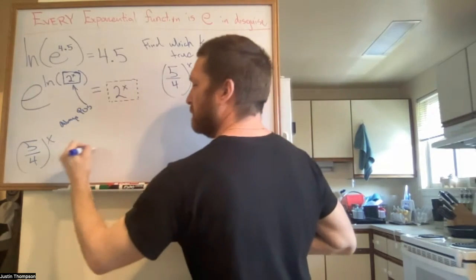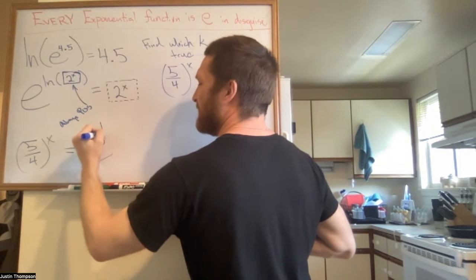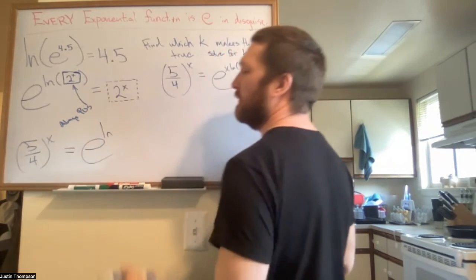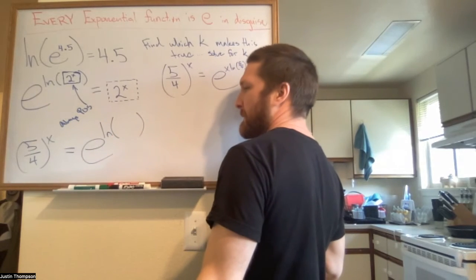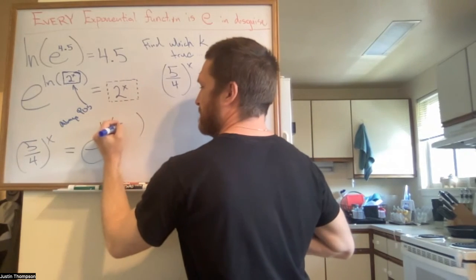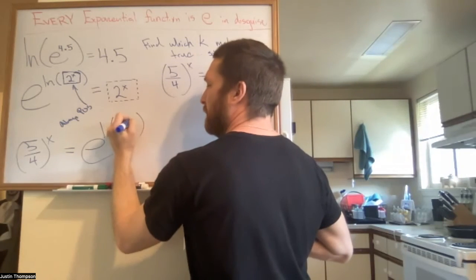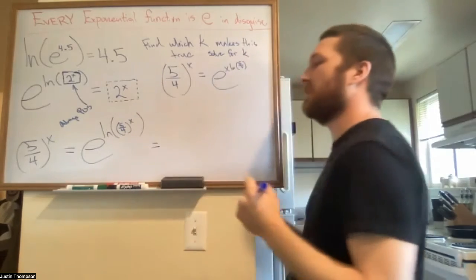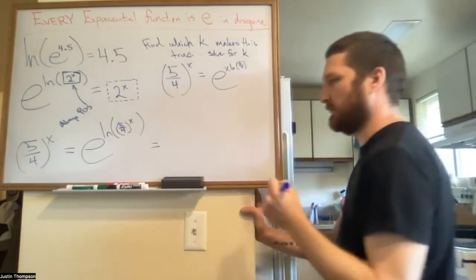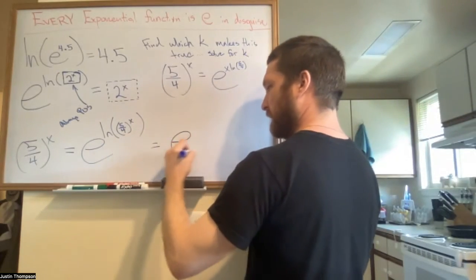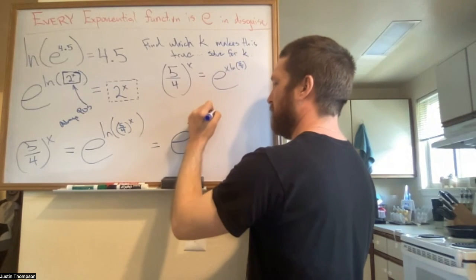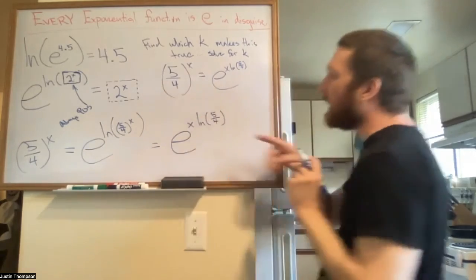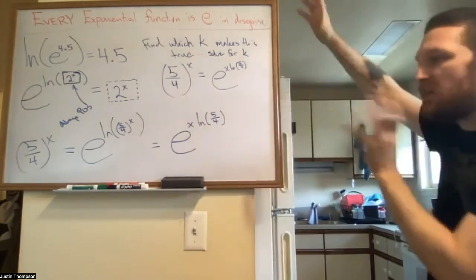E to the x. Well, yeah, but let's not skip ahead. Let's say that we hadn't seen this before. This would be what? So the natural log of 5/4 to the x. Yep. And then we do our favorite thing with log, and that's what? E to the x natural log of 5/4. There you go. Which is what we got by solving it with an equation.